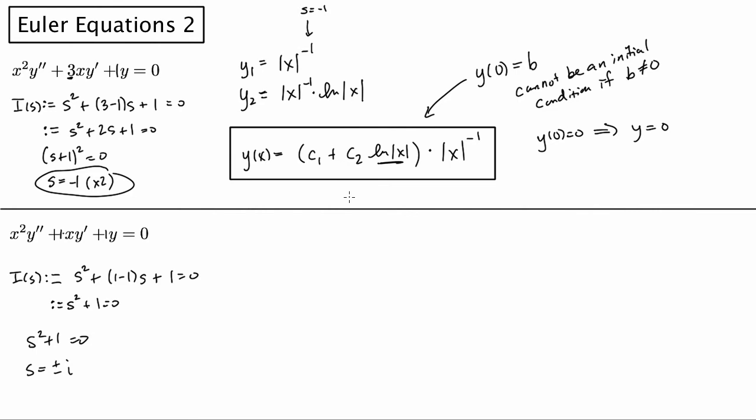There is a way around that issue, but it's a pretty lengthy way around it. We basically expand at a point near 0, and we look at the limit of the solution as x approaches 0. We're not going to talk about that in this course. In fact, I'm not going to talk about it in PDEs either if you go on to take PDEs.